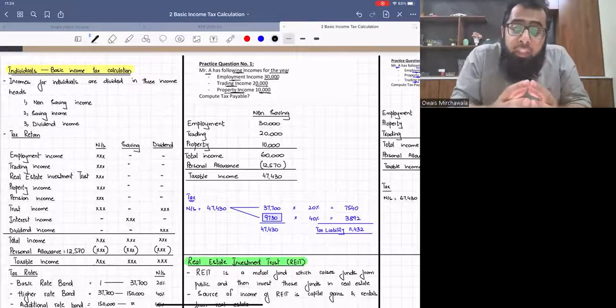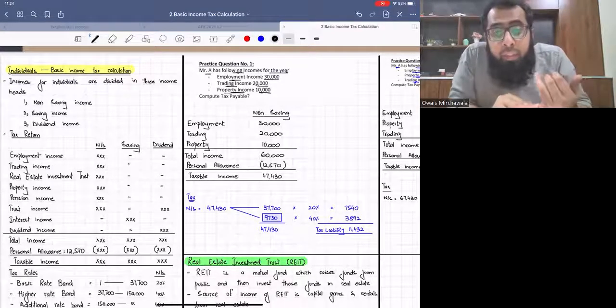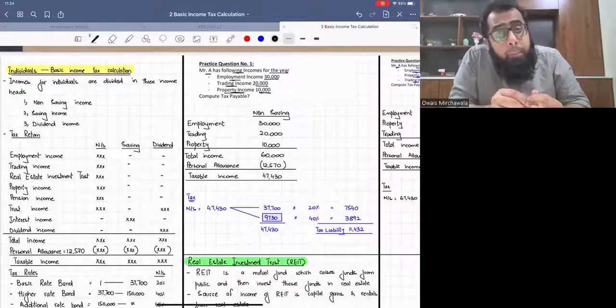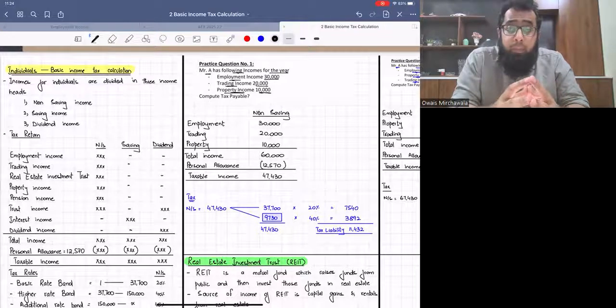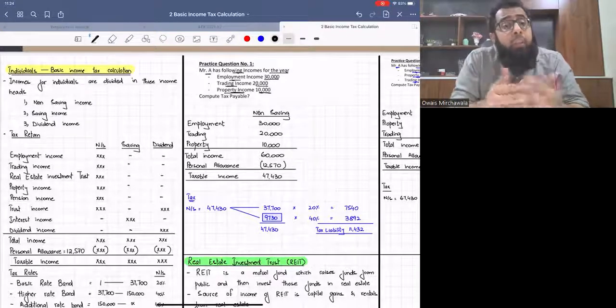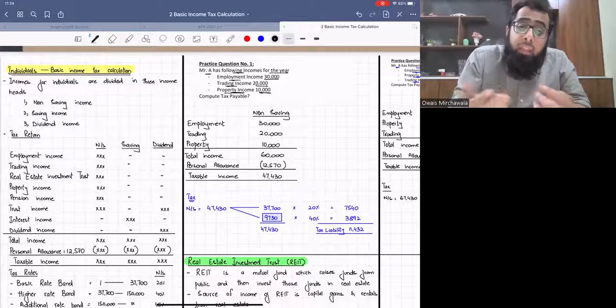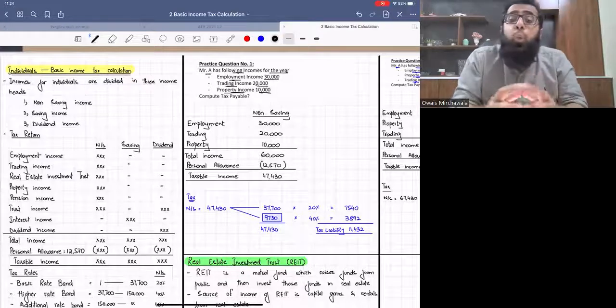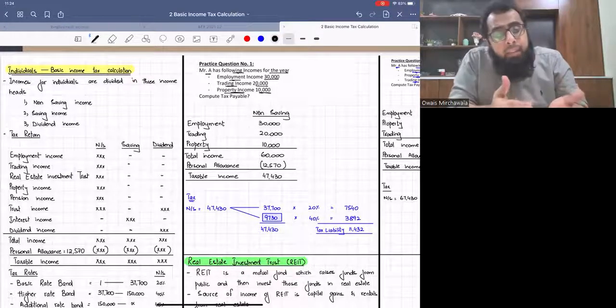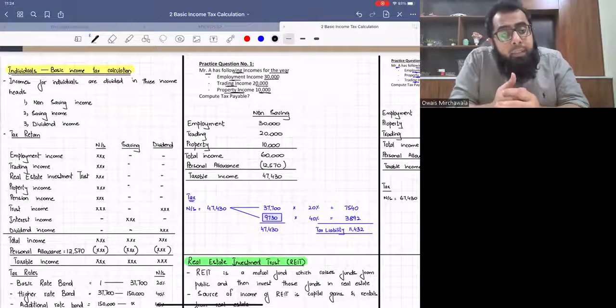In case of individuals, the first head of income is non-saving income, which is a normal head of income. Then there is saving income, which is interest income. And the last one is dividend income. In non-saving income, we include all the incomes except the interest and the dividend.